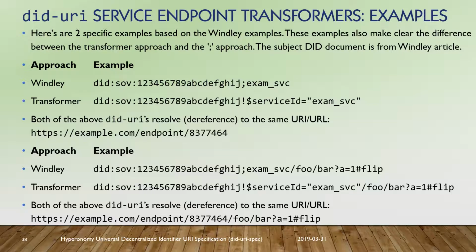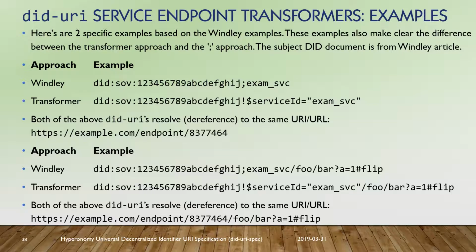The value of the service ID we're going to use is exam_SVC. So the Windley example and the transformer example are exactly equivalent, just a difference in notation. And they both resolve to that HTTPS URL, https://example.com/endpoint, and then 8377464.